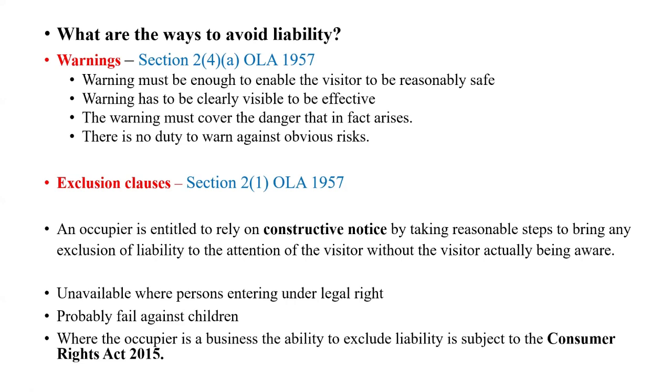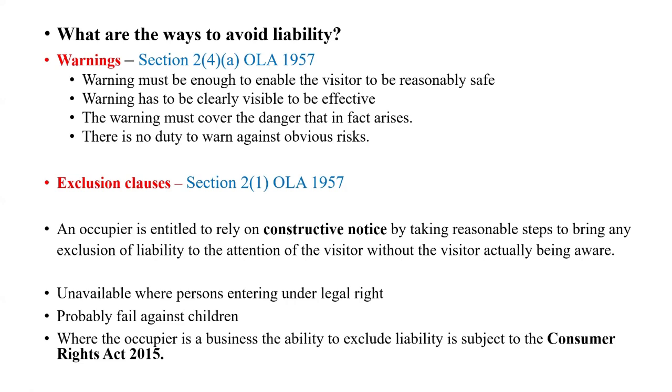And the second way to avoid liability is the exclusion clauses, which is explained under Section 2, subsection 1 of the Act. So according to this section, an occupier is entitled to rely on constructive notice by taking reasonable steps to bring any exclusion of liability to the attention of the visitor without the visitor actually being aware.